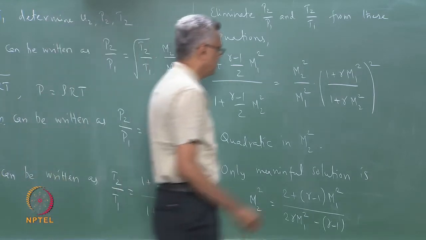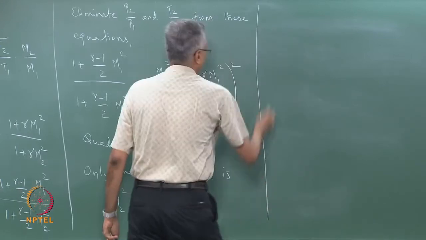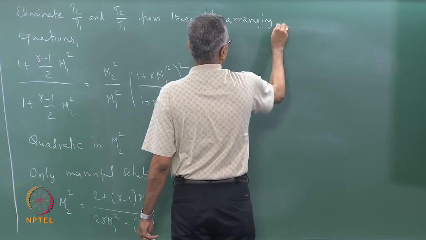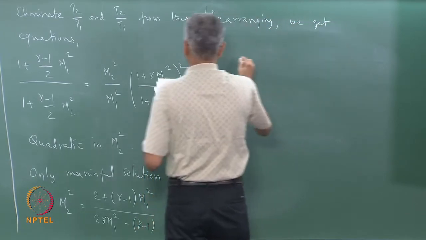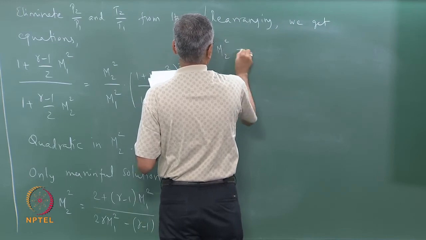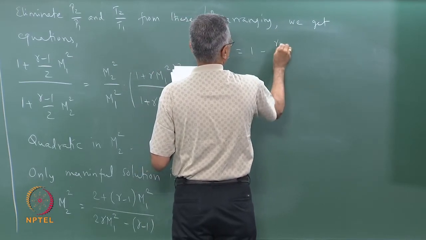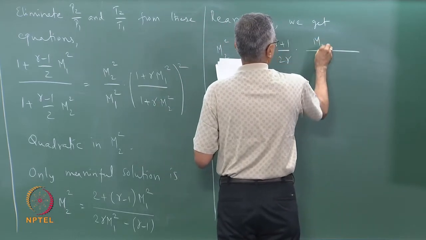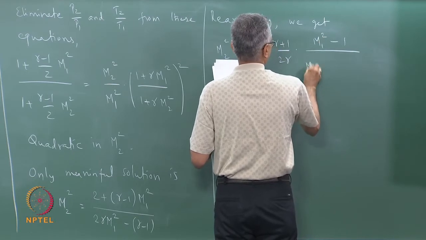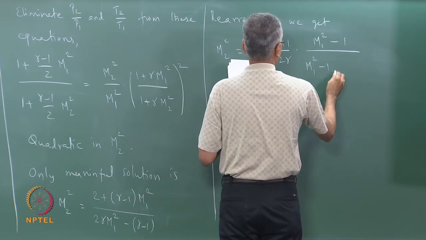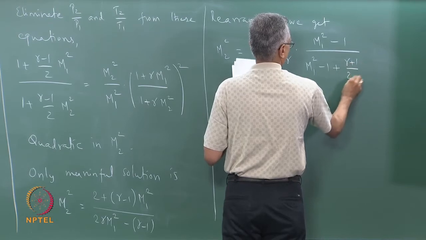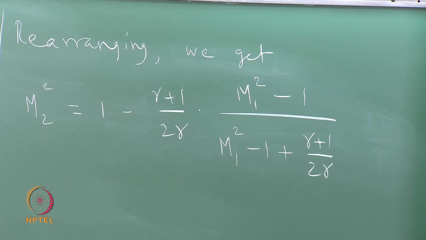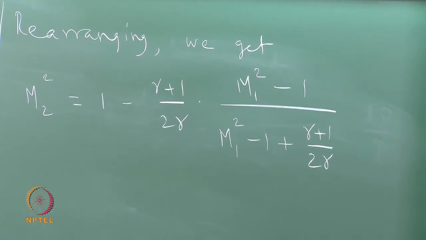In fact, if I slightly rearrange this equation, I can get the following. M2 square is equal to 1 minus gamma plus 1 over 2 gamma times M1 square minus 1, divided by M1 square minus 1 plus something.